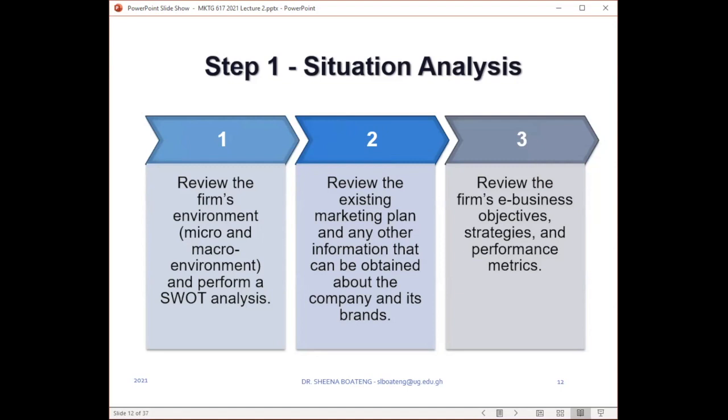Yeah, Nuruddin, come in. Yes, it is important to understand the firm's objective because the e-marketing objectives must be consistent with the firm's overall objective. So you are not developing a plan that is in isolation, but it has to be in tandem. Good.